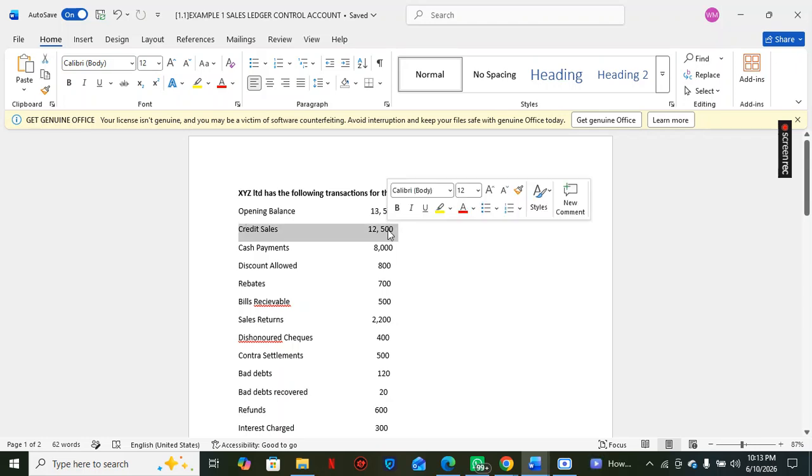Credit sales. So colleagues, does credit sales increase what is being owed to us, or does it reduce what is being owed to us? Yes, it increases what is being owed to us.